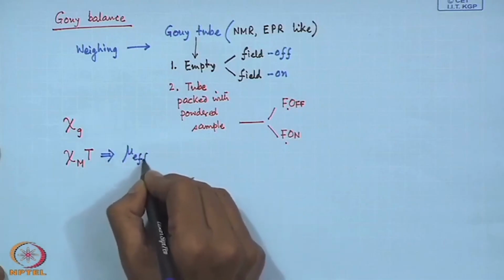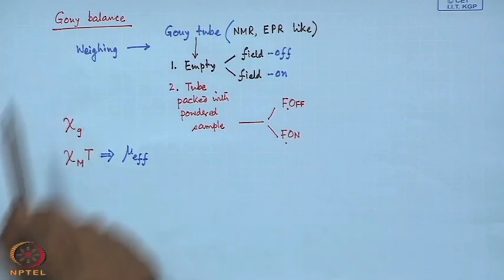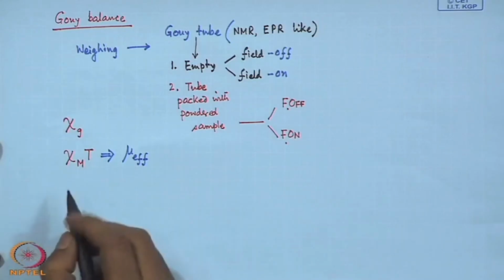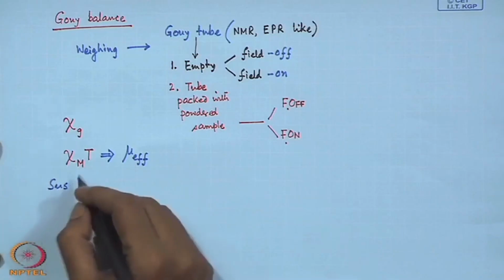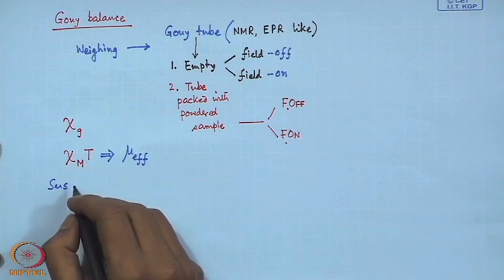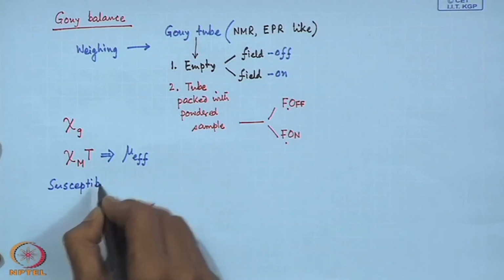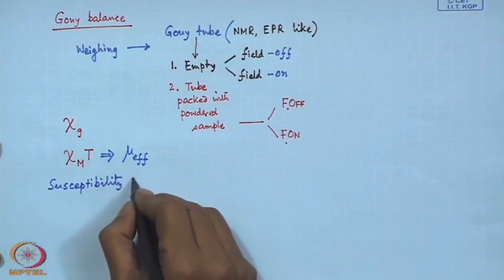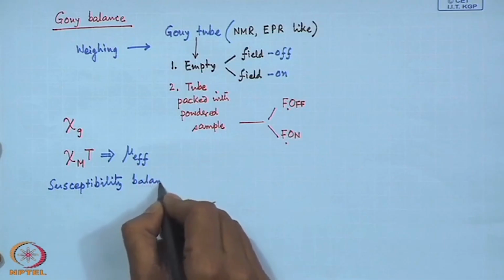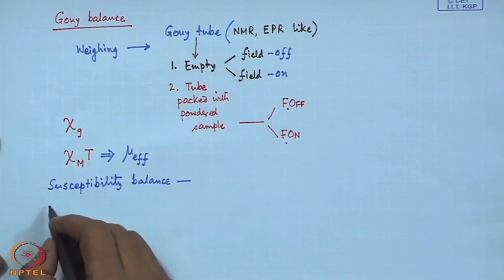So, the effective magnetic moment can be determined. One such technique is the Gouy balance technique. Then we have the susceptibility balance, a little bit more sophisticated compared to the Gouy balance.